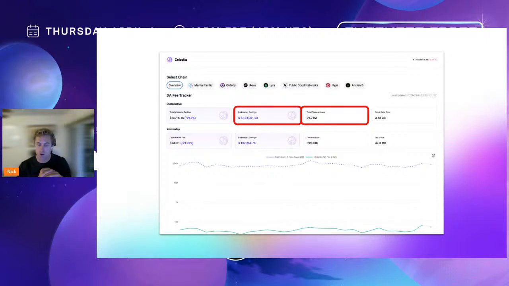You can spin up your own blockchain extremely easily, and it can have really, really low costs for users. And so it's really opening the doors of what's possible.